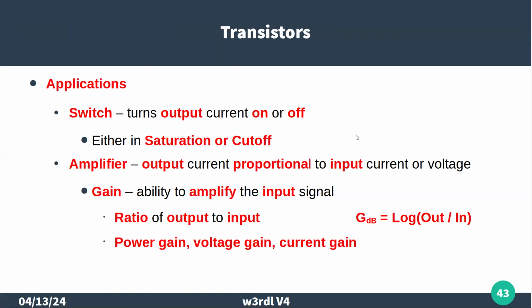Okay. Applications of transistors. Like I said, we can use them as switches where we apply a voltage or a current that either puts it into saturation or cut off, or in the case of FET, pinch off. So there's either the maximum amount of current flow or no current flow. If we use it as an amplifier, then we bias that input or control voltage or current somewhere in the middle of the range to make it as linear as we can get it.